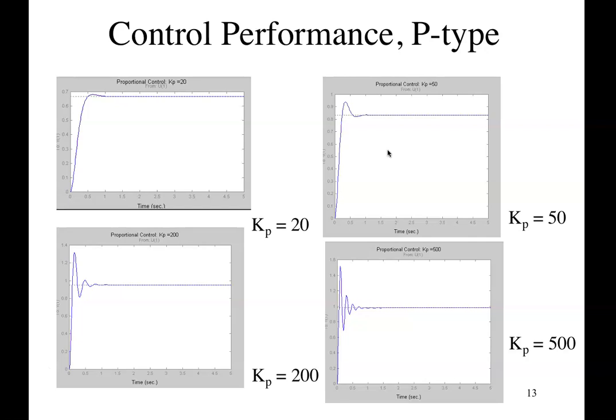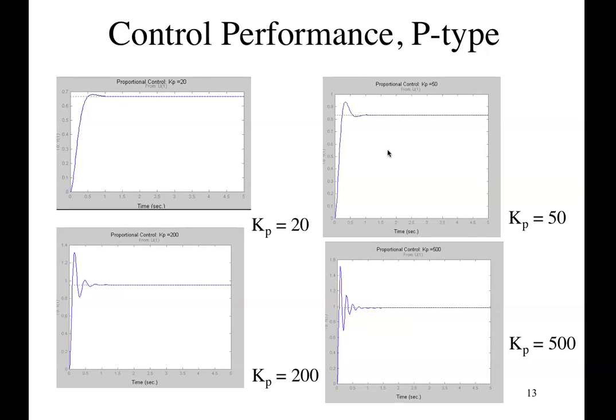So there's no integral control, there's no derivative control. The only term I have here is a P control, the proportional control, and I set the input to a unit step from 0 to 1. And I choose different control values for Kp. So there's 20 on the top left, 50 top right, 200 bottom left, 500 bottom right.